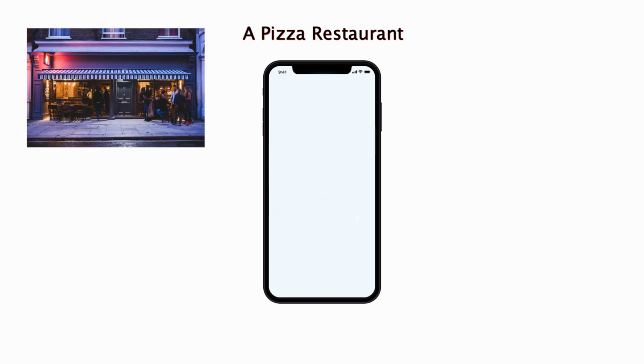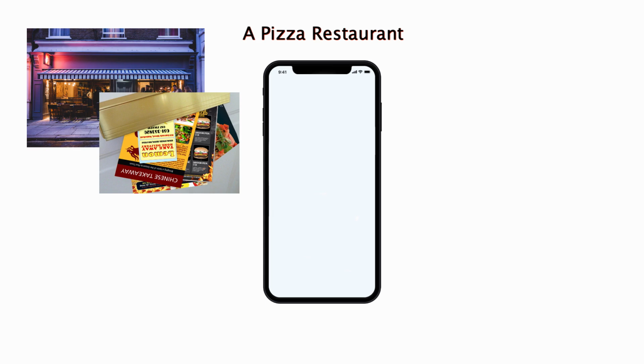Here's an example for a typical pizza restaurant or takeaway, something you'd see in the high street every day. Now, usually they would spend hundreds, maybe even thousands every month on producing flyers, posters, menus with special offers, and then employ someone to deliver them through your door.